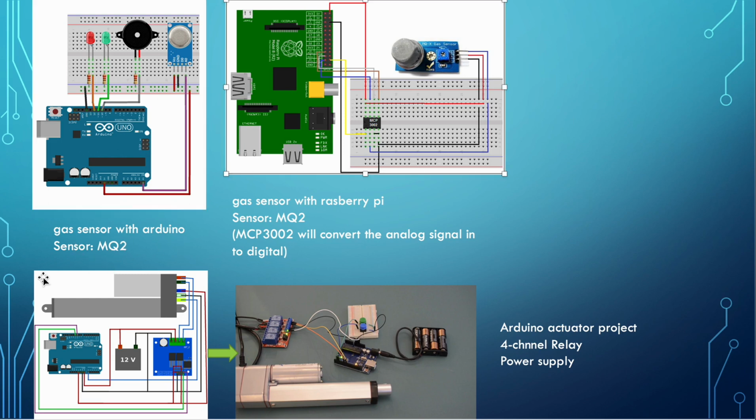Here is the gas sensor MQ2 with Arduino, and how it is connected. And the same gas sensor MQ2 with Raspberry Pi, but here it goes through a microcontroller, which converts the analog signal into a digital one.